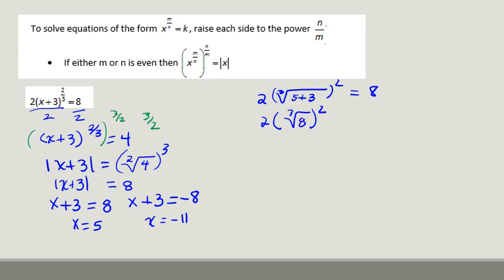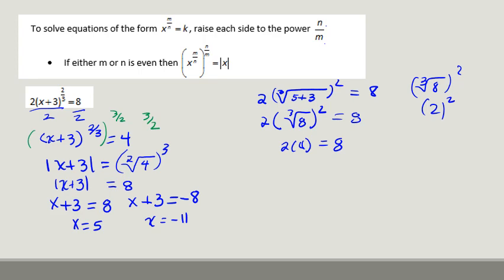The cube root of 8 is 2. 2 squared is 4. So 2 times 4 is 8. So if any of you are wondering how I did that, the cube root of 8 is 2. And 2 squared is 4.